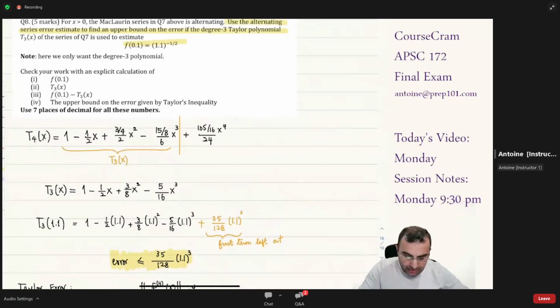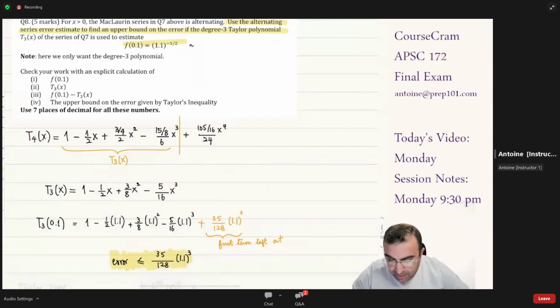I'm so sorry. I made a mistake here. It's T of 0.1, right? F of 0.1 is approximately equal to T of 0.1. So it's 0.1, so 0.1 cubed and then 0.1.